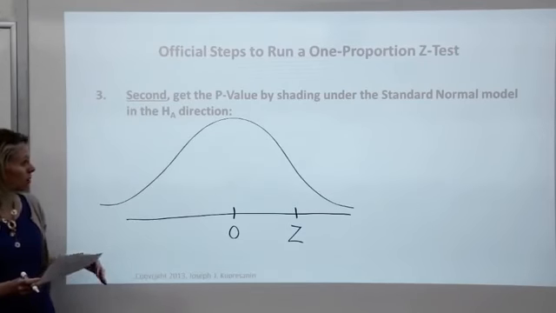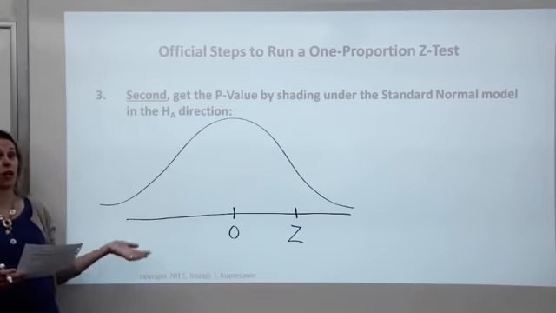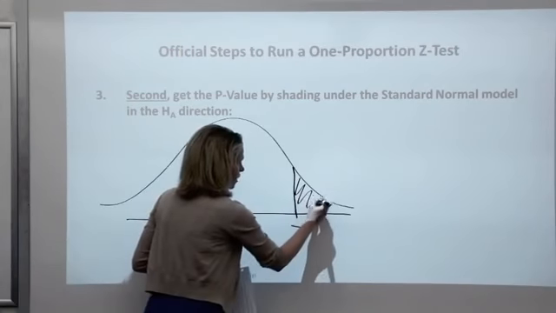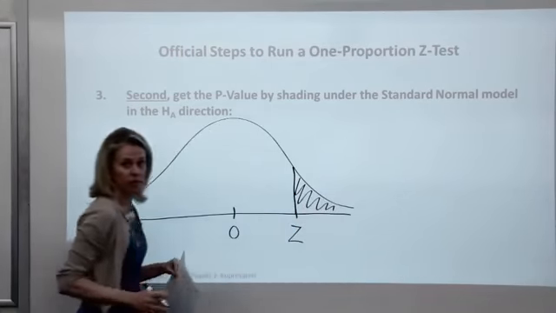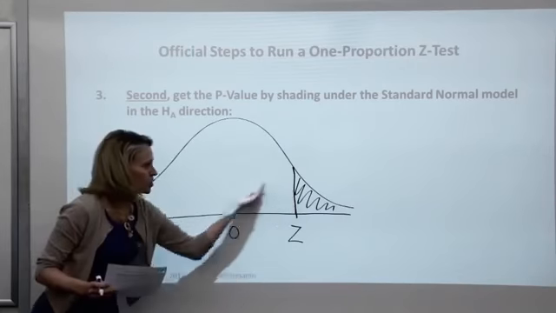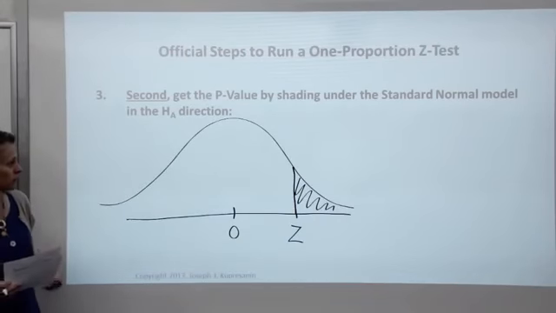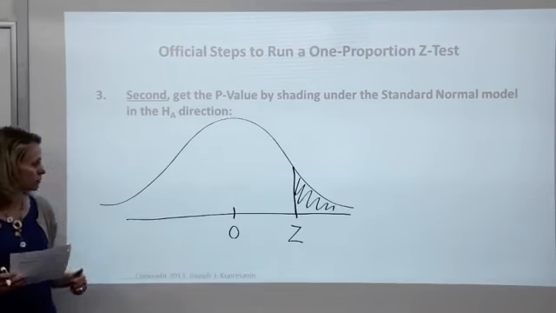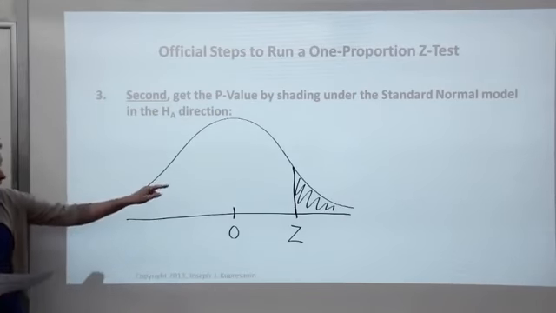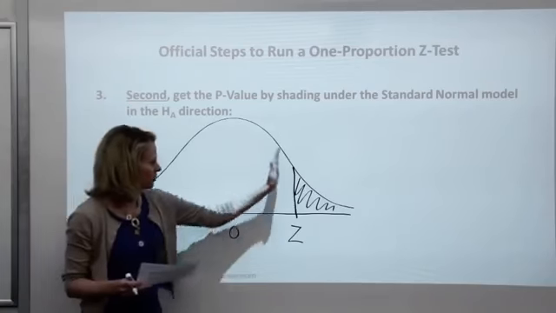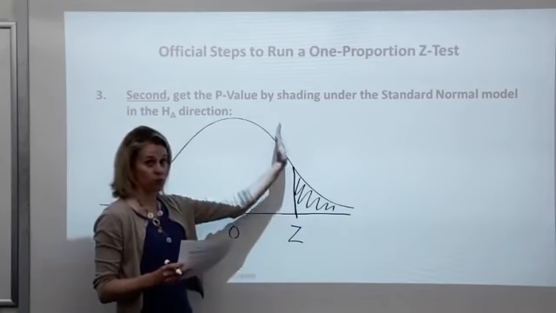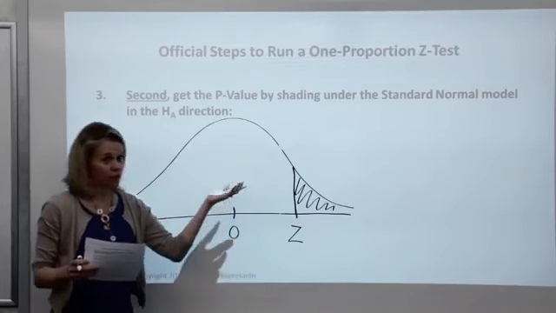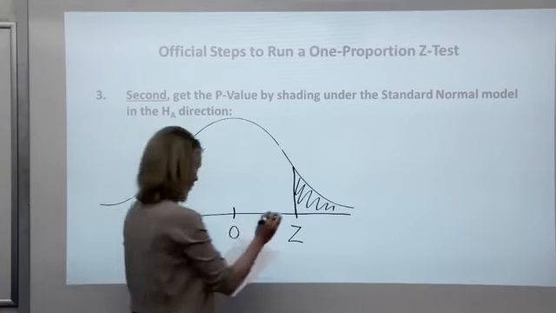If the alternative hypothesis had said that p is greater than a value, then I would take my normal curve and I'd shade greater than. Had it said less than, I'd be shading the area to the left. We'll talk in a later video about what happens if it's not equal to. But that area right there, that's the likelihood of getting your test statistic or your sample proportion or one even more extreme. And that's what the p-value is.